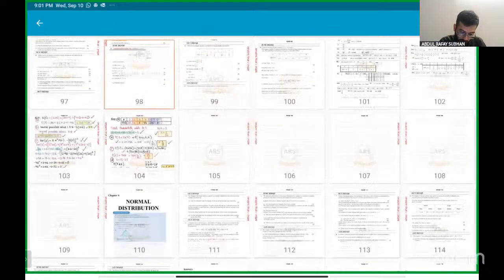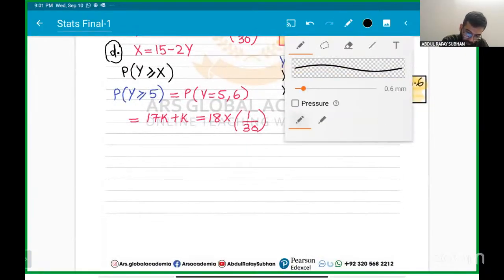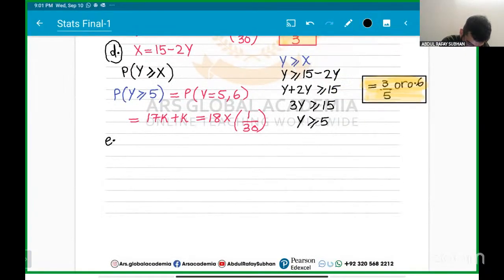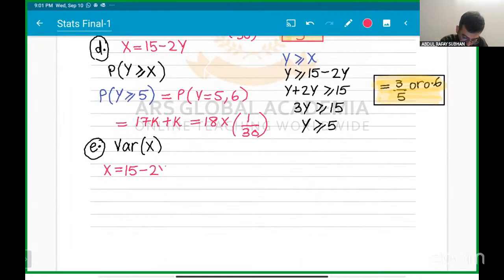So please follow very carefully. How do we get the variance of x? Sir, we need the variance of x. How do you get it? It's the same approach that we use from the subject. We have the subject 15 minus 2y. Everyone should focus and write this down.